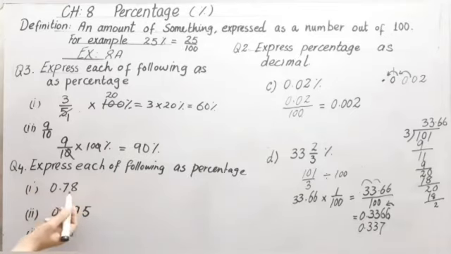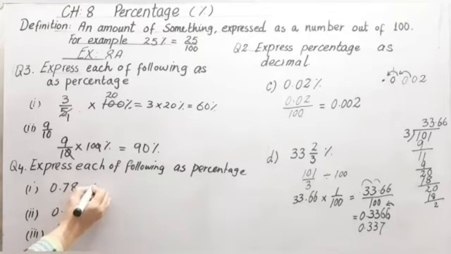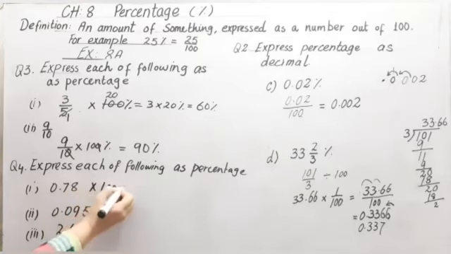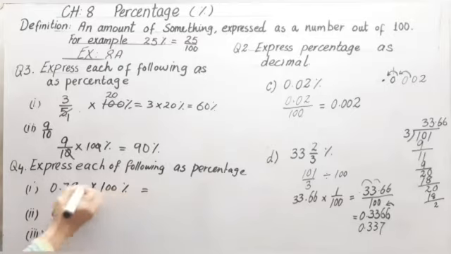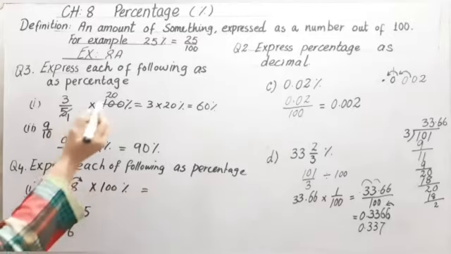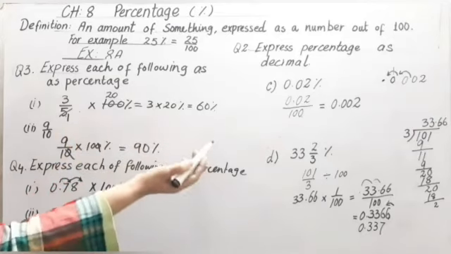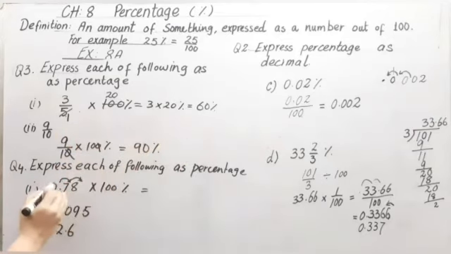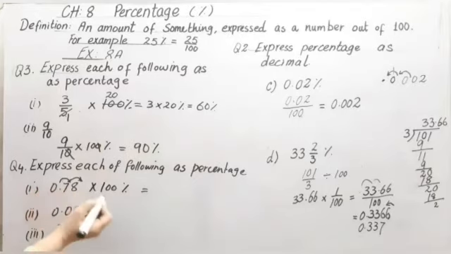The next question: express each of the following as percentage. This question is in decimal form and we need it as percentage. We multiply by 100%, and we have 2 zeros. Now our point moves to the right side. In the division process, our point moves to the left side; in the multiplication process, our point moves to the right side.